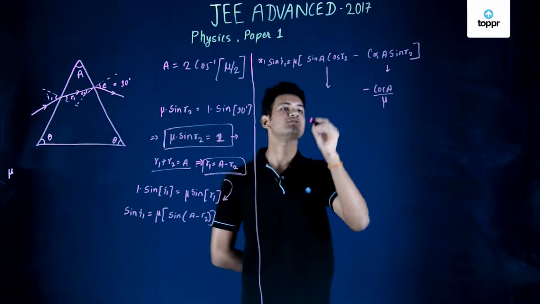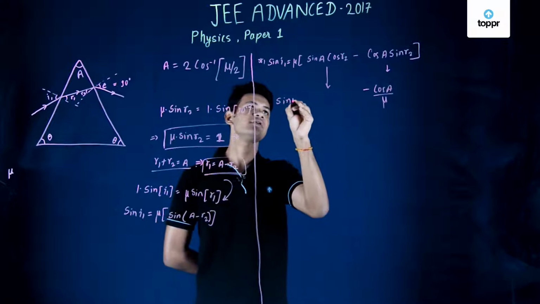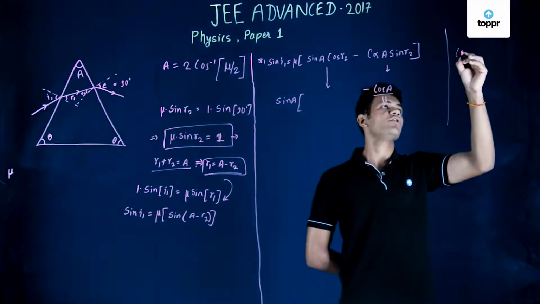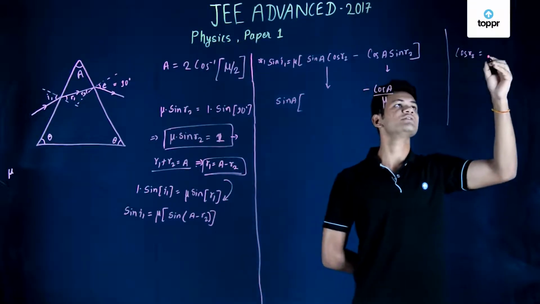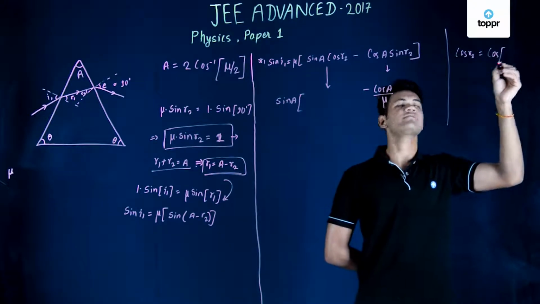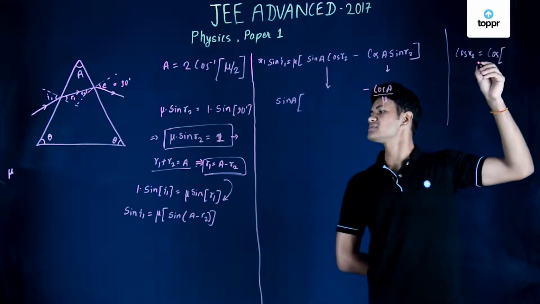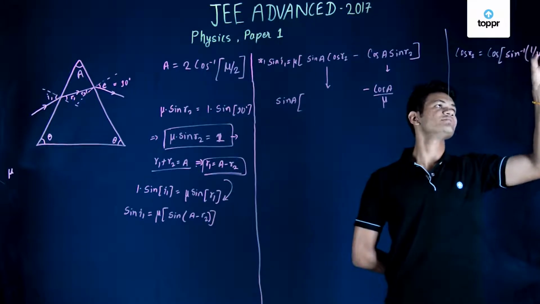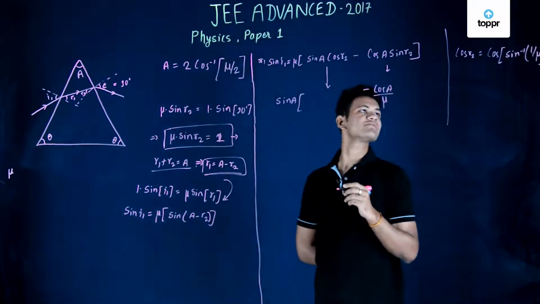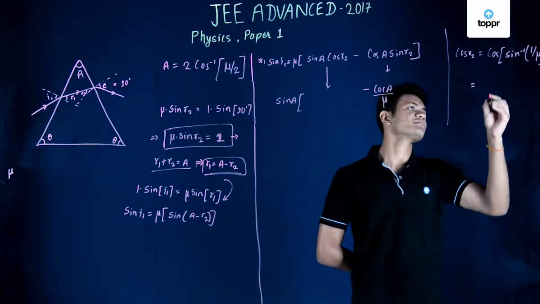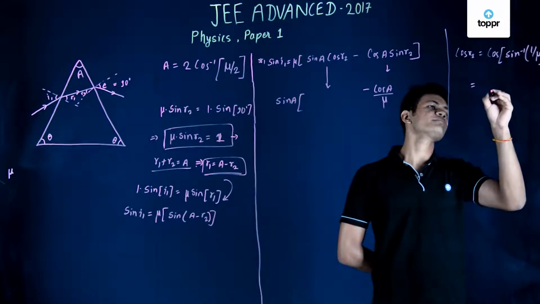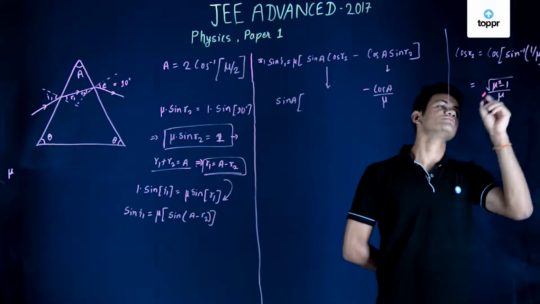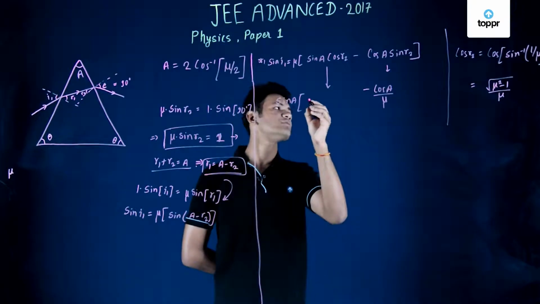And this particular term, sine of A into cos of R2. Now what is cos of R2? Cos of R2 is nothing but cos of sine inverse 1 upon mu. Now using a simple inverse trigonometric formula, we can find out that this turns out to be root of mu square minus 1 by mu.